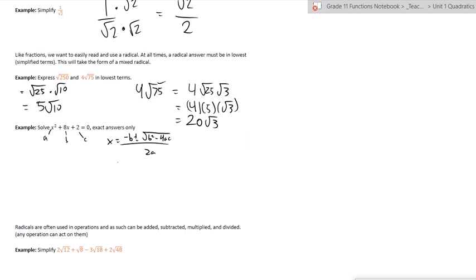So that gives us negative b, so that's negative 8 plus or minus the square root of 8 squared minus 4 times 1 times 2, all over 2 times 1.